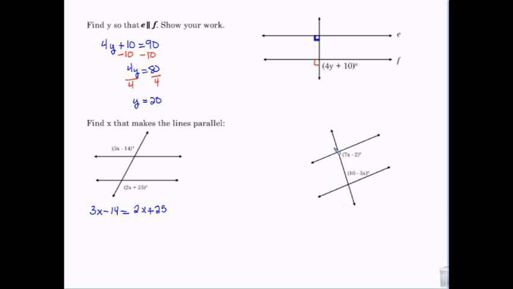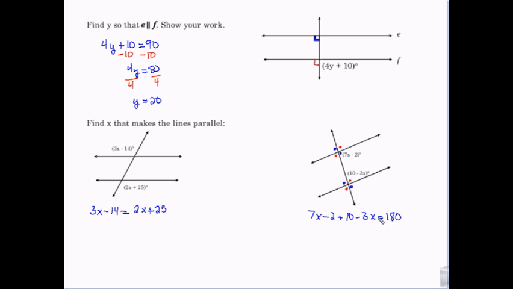Okay, if I do this thing, does that help? They're different, so they're going to add up to 180. So for this one, I'm going to have to add these two together and set them equal to 180.